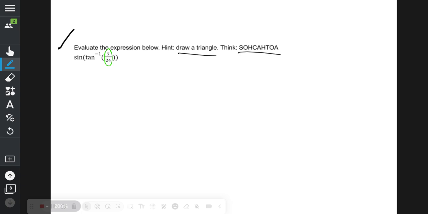What you're going to need to remember is that tan is, remember, OA, opposite over adjacent. So what you're going to draw is a triangle whose opposite side is 7 from this angle, which you don't know what it is, neither do I, and the adjacent side is 24.